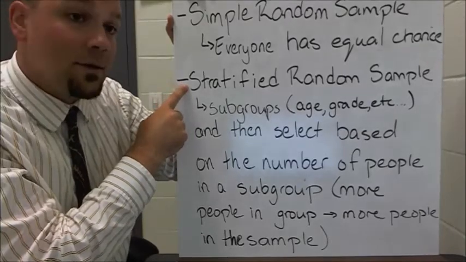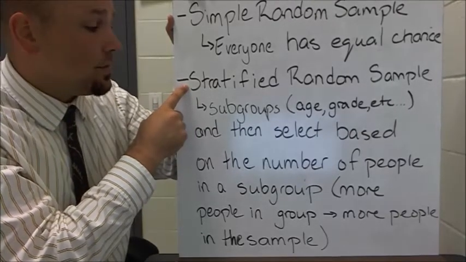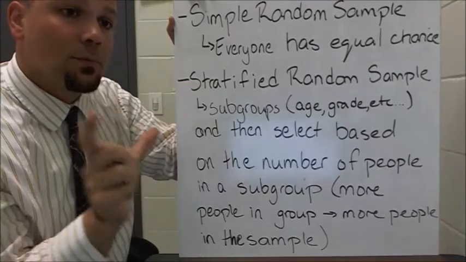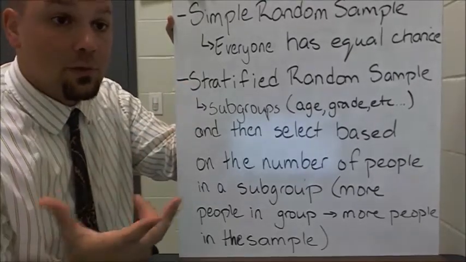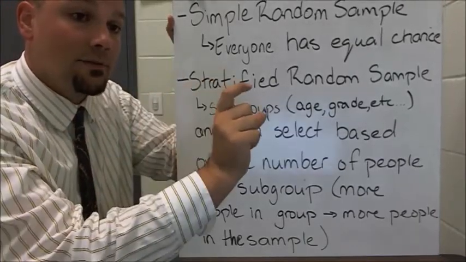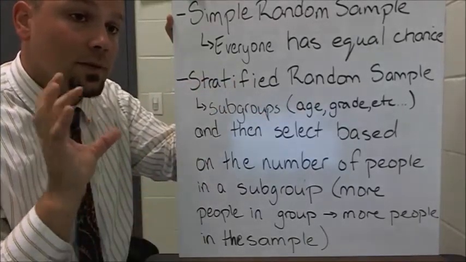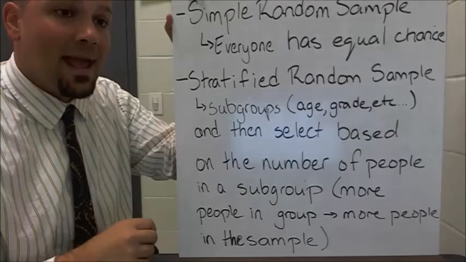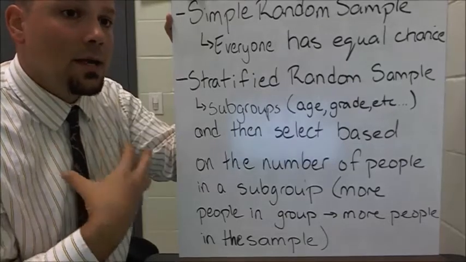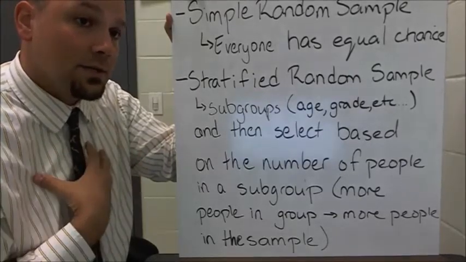Now, a stratified random sample is a little bit more specific. A stratified random sample has subgroups. Sticking with Castlebrook, the subgroups could be grade 9, grade 10, and grade 11 students. Those would be the stratified subgroups. Then in those subgroups, I would pick randomly a number of students to ask questions.